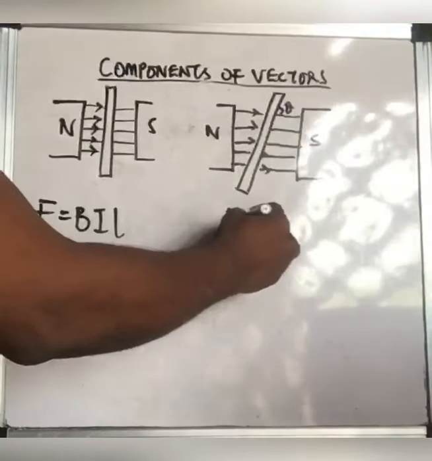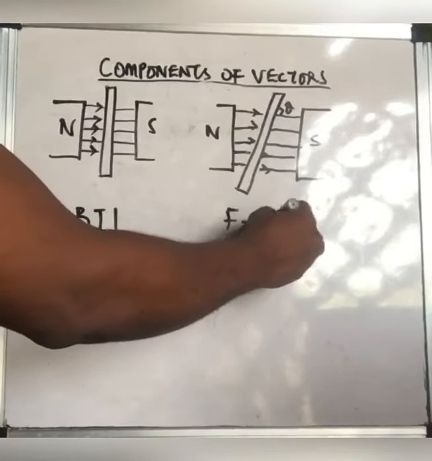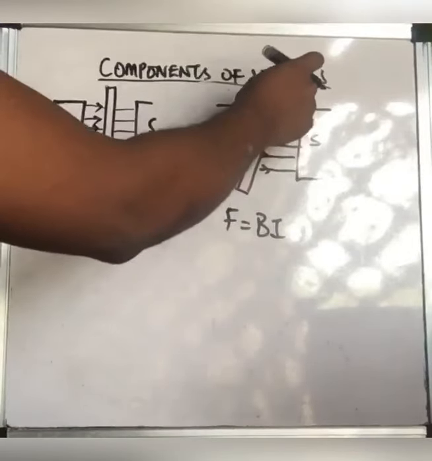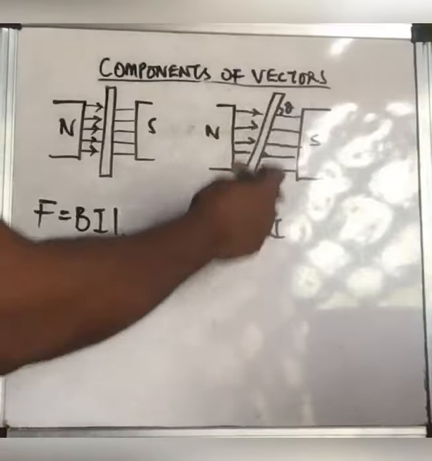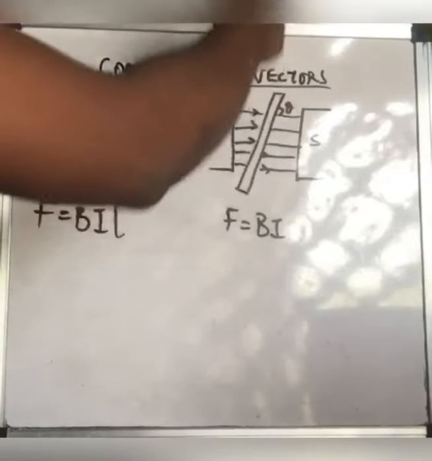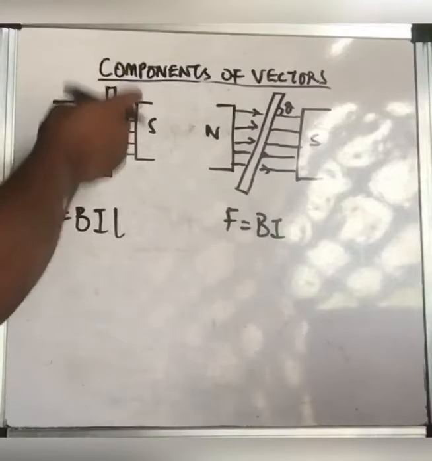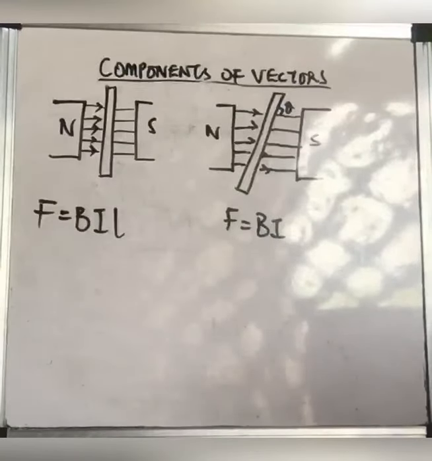The force is going to be equal to B, i, and the component of the length of this conductor in the magnetic field that is in the direction as when it was like this.